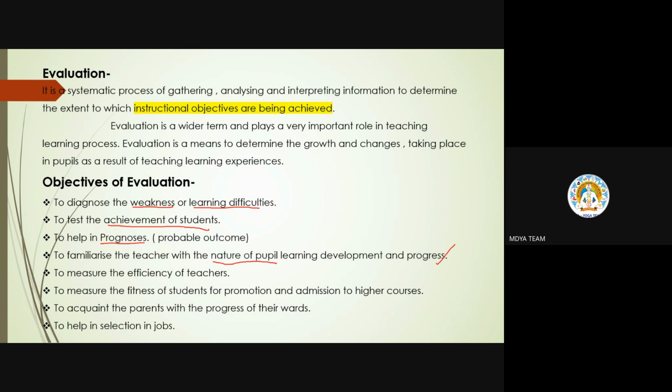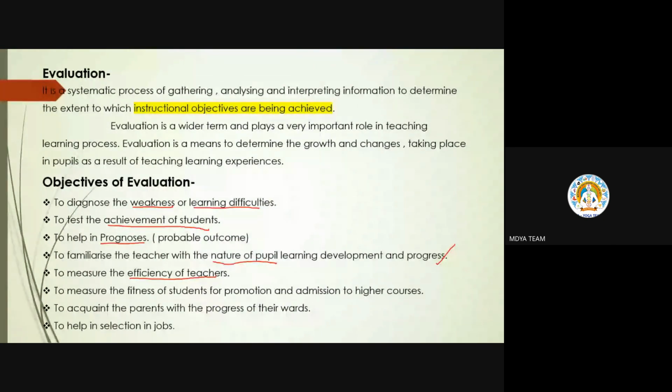To measure the efficiency of the teachers, evaluation also helps in measuring the efficiency of the learner as well as the teacher. Consider a situation that there are 40 students in the class, and all 40 students underperformed in a certain test.